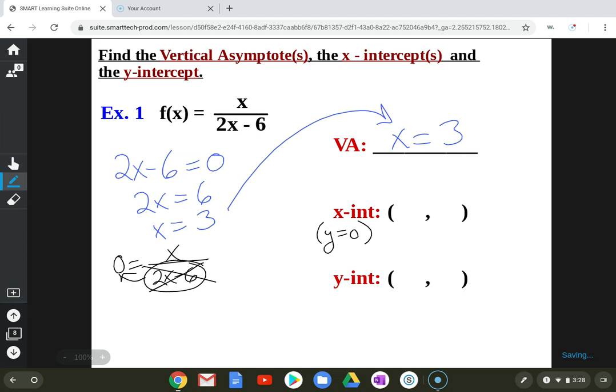And what you end up with is that the x-intercepts are really where the numerator equals 0. So our x is 0. So for this one, our x is 0 and our y is 0. Our y-intercept, you set all your x's equal to 0. You get y equals 0 over negative 6, which is 0. So you end up with, again, 0, 0. One x-intercept, one y-intercept.